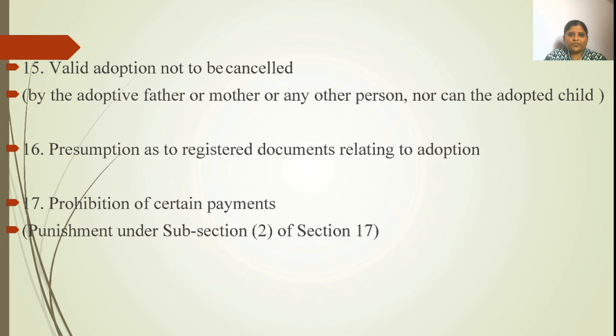So what does this section basically say? That no adoption which has been validly made can be cancelled by the adoptive father or mother or by any person, nor can the adopted child renounce his or her status as such and return to the family of its birth.